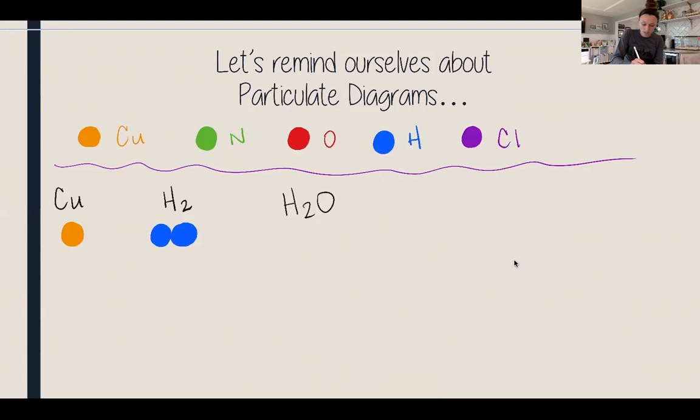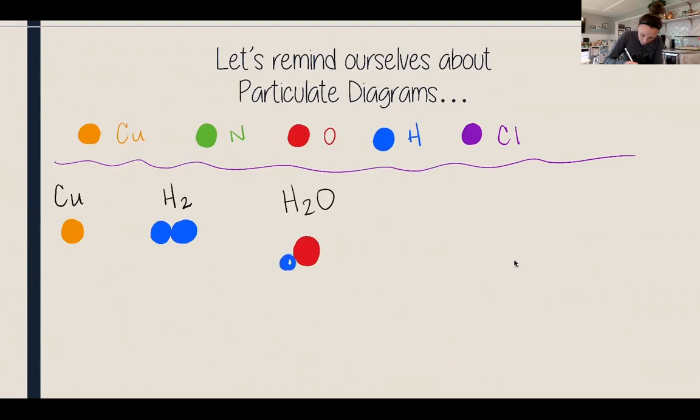So I'm going to take my red oxygen and put that in the center. And then that is bonded to 2 blue hydrogen. So that would be a particulate representation of a water molecule.